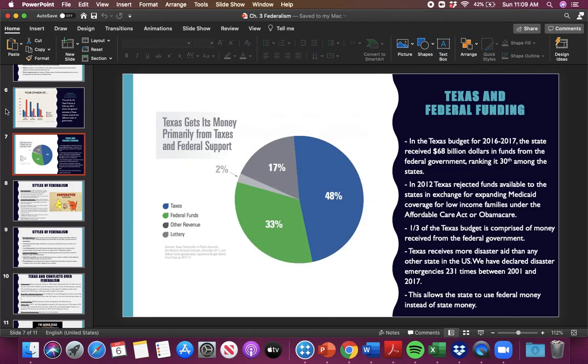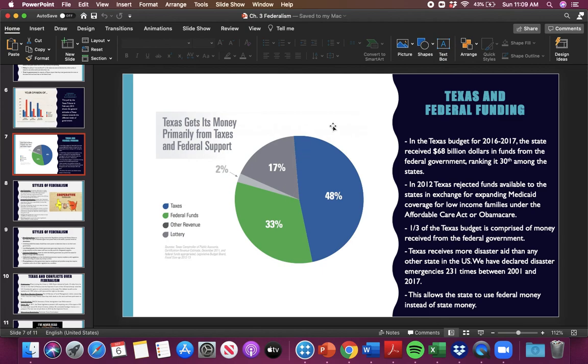Now, one of the things that Texans do not like to admit is that we need the federal government. So each state has a budget, and their budget is made up of taxpayer money, and this is how we decide what we're going to spend on what programs, what we're going to fund, all that good stuff.